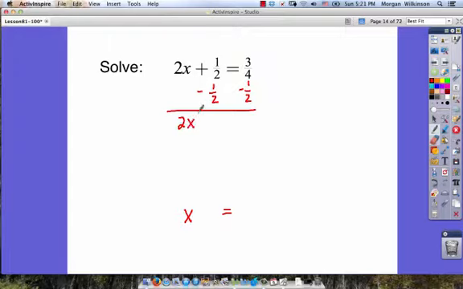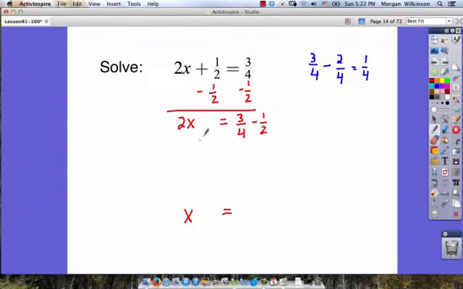So 2x plus 0, we don't need to write that, is going to be equal to 3/4 minus 1/2. When we have fractions we need to have the same denominator. The least common multiple of 2 and 4 would be 4. 1/2 is 2/4, so 3/4 minus 2/4 must be equal to 1/4.